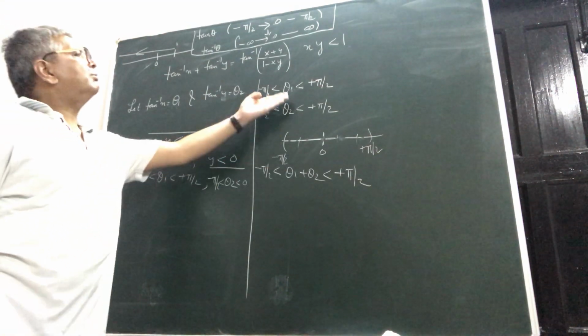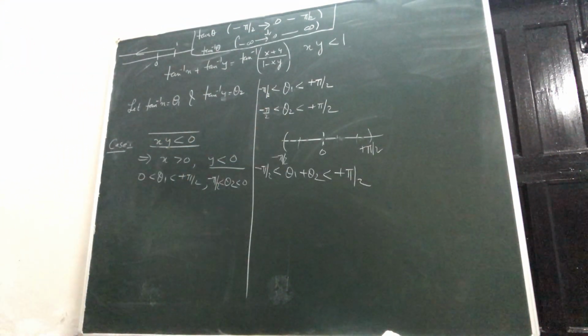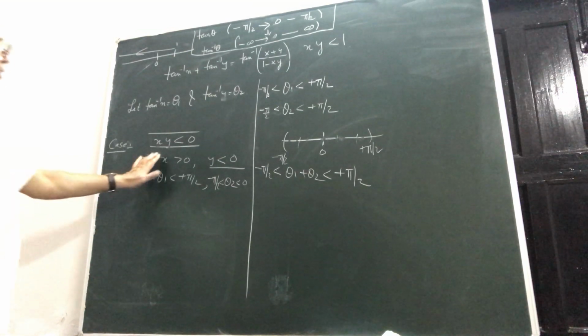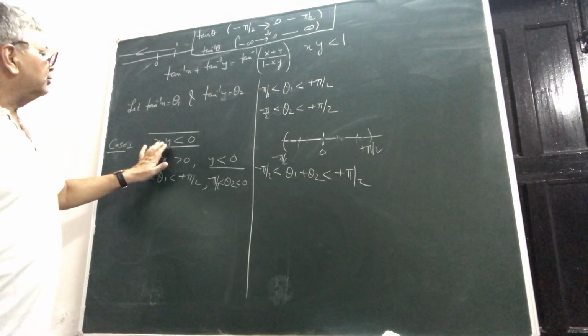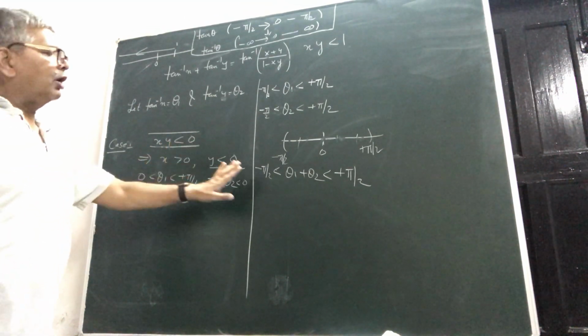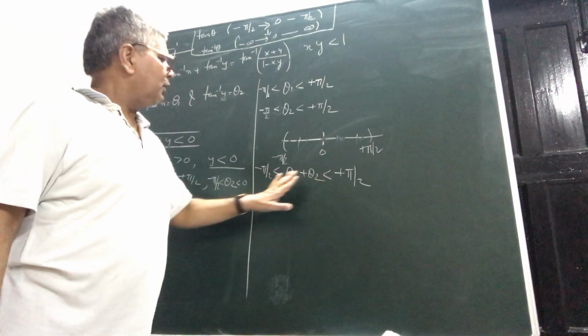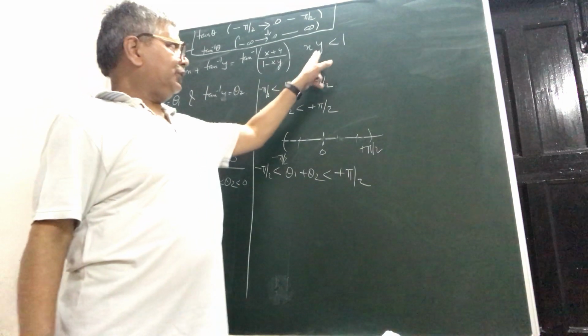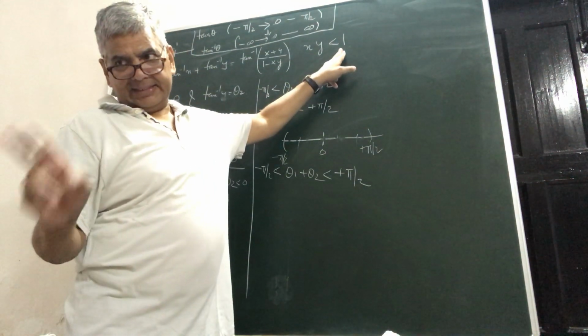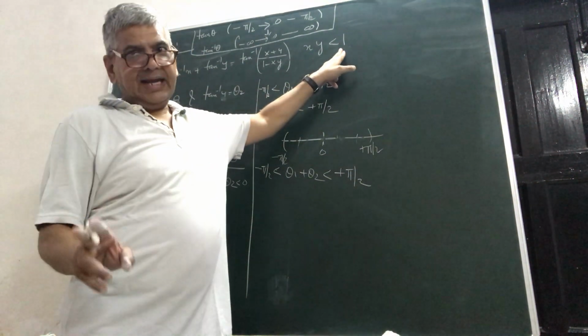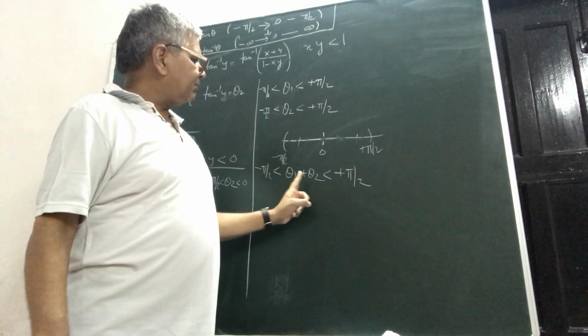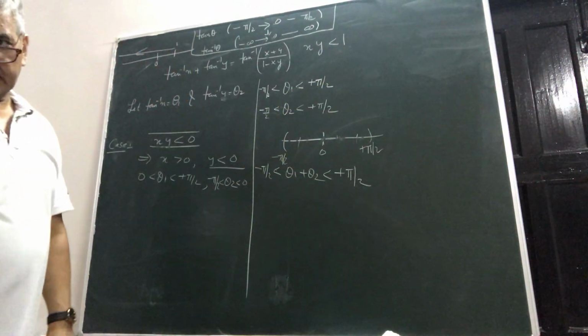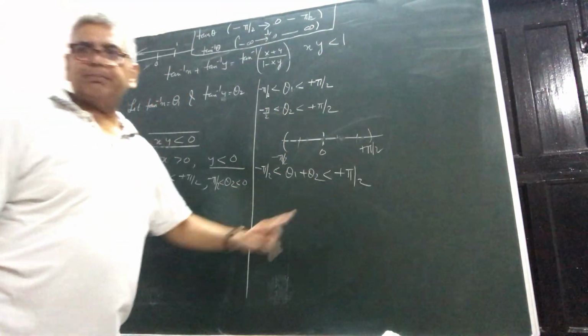Okay. So one result which we can safely deduce is that xy is less than 0. So what we have shown is that theta 1 plus theta 2 will be between minus pi by 2 and plus pi by 2. And the same result we will show here: if xy is less than 1, then again theta 1 plus theta 2 is lying between minus pi by 2 and plus pi by 2.